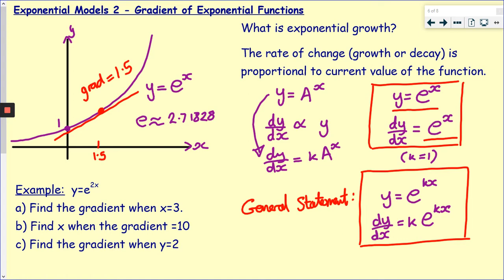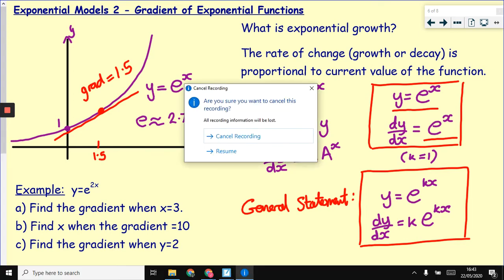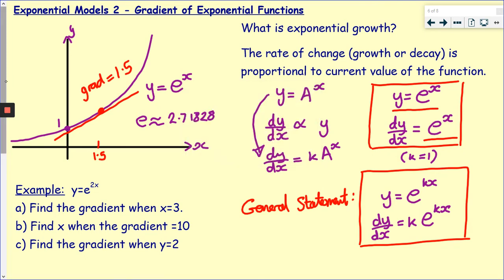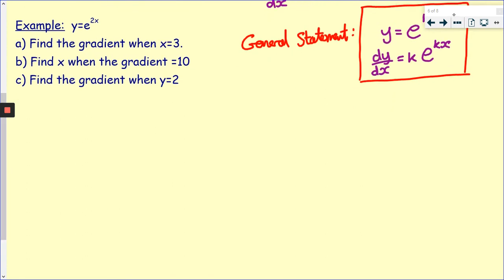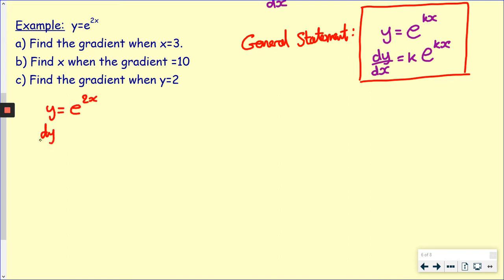So let's see if we can use this property to help us solve a problem. Using y equals e to the 2x, find the gradient when x is equal to 3. So if we've got y equals e to the 2x, then dy dx must be equal to k times e to the kx, where k in this case is 2, so 2e to the 2x.